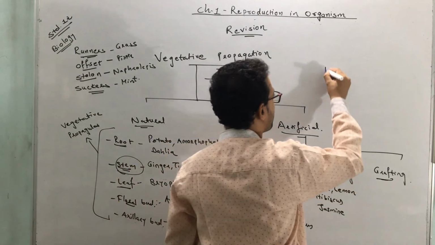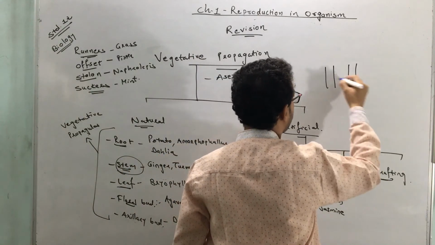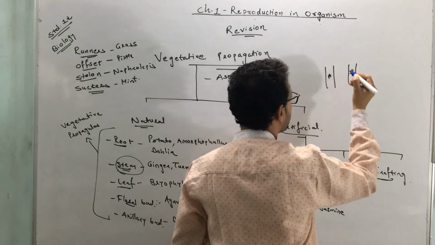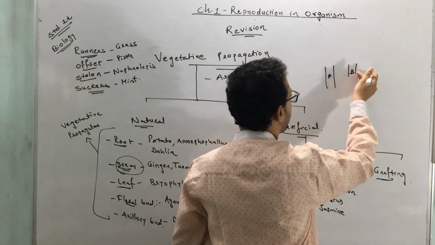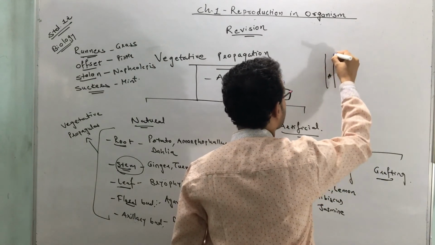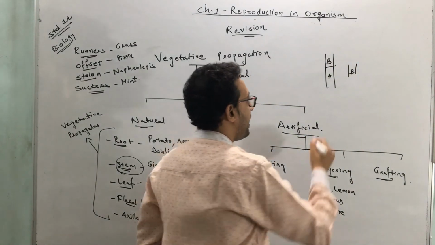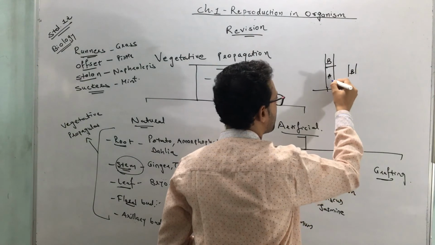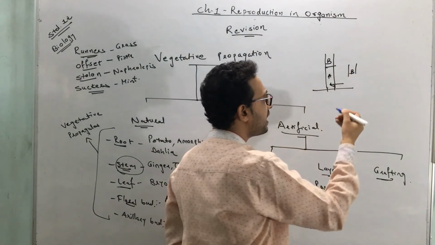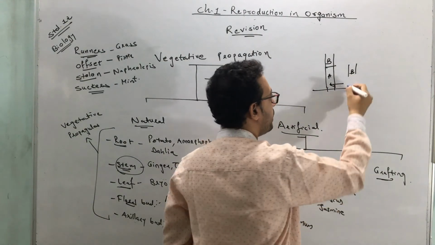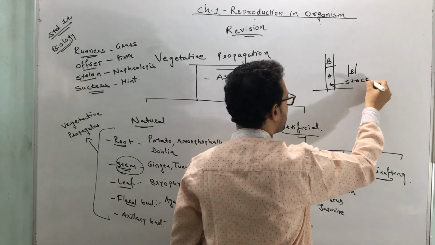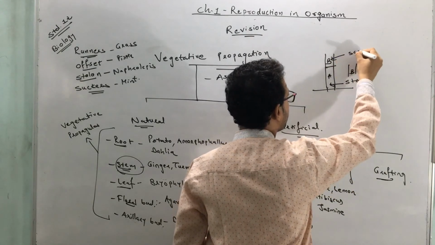Suppose these are the two plants, plant A and plant B. Now this plant B is grafted on plant A. The plant which is selected as a stock should be such that it has very good contact with the soil. This is called the stock, and this is called the scion.